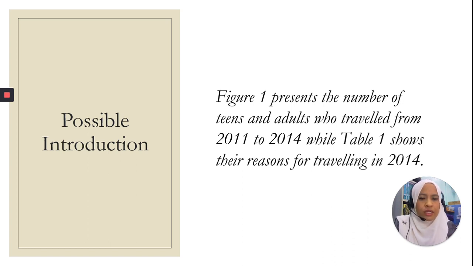I'm using "while" here, not "and", which is also acceptable. These words come from the title of the bar graph, and these words come from the title of the table. Notice that I've also given the time frame for both visuals.